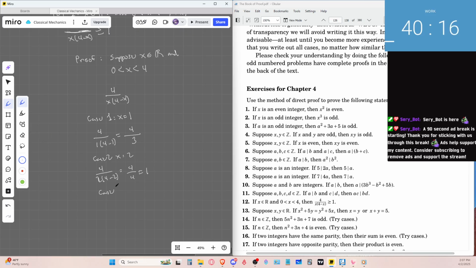And then we have case 3, where if x is equal to 3, then we're left with 3.